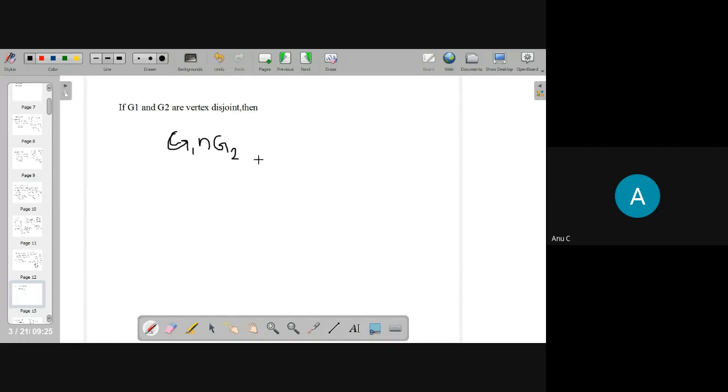The next, if G1 and G2 are vertex disjoint, then what do you mean by vertex disjoint? Common vertex ഉണ്ടാവില്ല. Common vertex ഇല്ലെങ്കിൽ common edge ഉണ്ടാവില്ല.